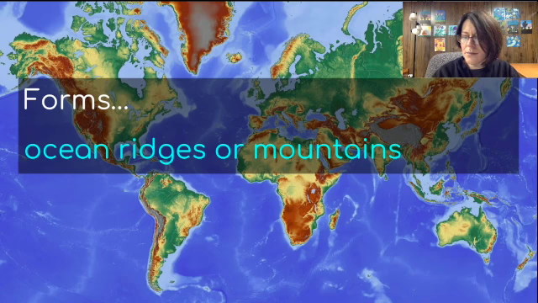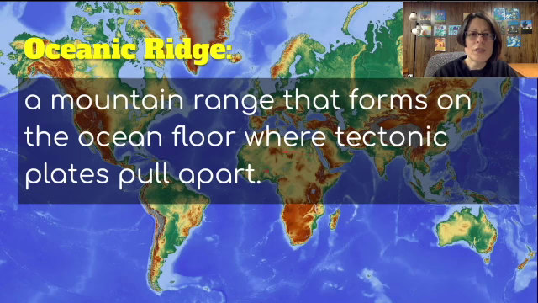And correct me if I'm wrong, but isn't that the Red Sea that's so famous in the Bible, right? Okay, so that is a divergent plate boundary. And notice there are mountains on either side of it. All that brown are the mountains on either side of that divergent plate. So an oceanic ridge is a mountain range that forms on the ocean floor where tectonic plates pull apart.